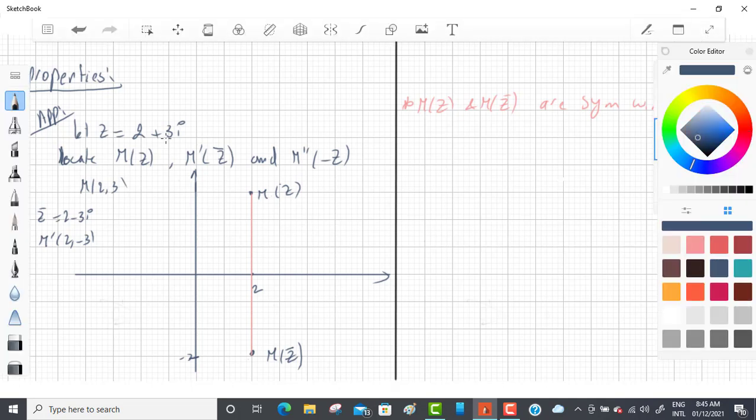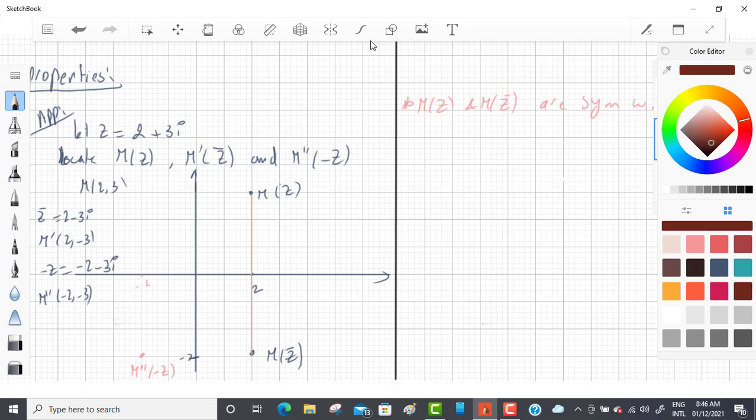Second thing, you have to locate M double prime of affix minus z. Minus z is minus 2 minus 3i. You have to multiply everything by minus. So M double prime is going to be (minus 2, minus 3). This is M double prime of affix minus z.